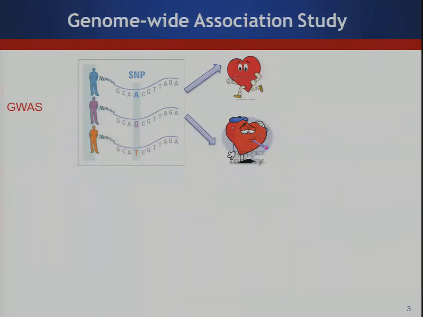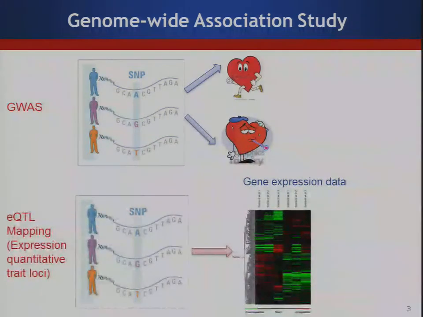In a typical genome-wide association study, we want to study the association between the SNP and the phenotypic trait, for example, the symptoms of the disease. However, the relationship between the SNP and the phenotypic trait could be very complicated, and it's often very difficult to study it directly. So a more common way is to introduce an intermediate phenotypic trait, for example, gene expression data.